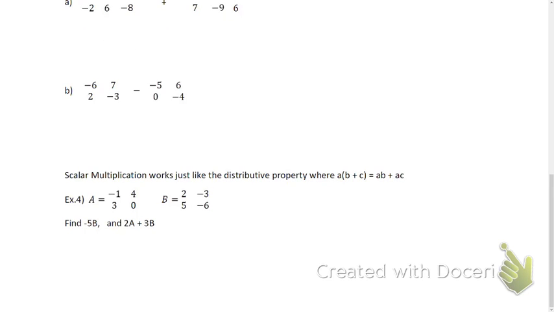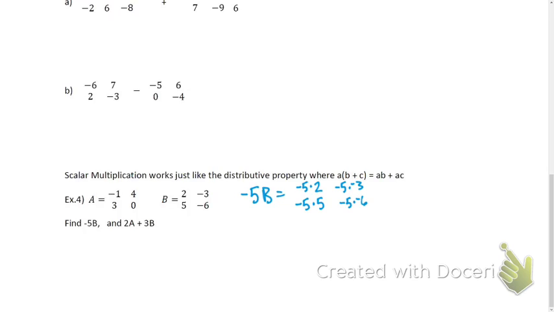We need to multiply one number times a matrix, very similar to the distributive property that you learned years ago. So I'm going to distribute for that first question -5 to all the elements in B. I'll write out every step. We're going to go -5 times 2, -5 times -3, -5 times 5, and -5 times -6.